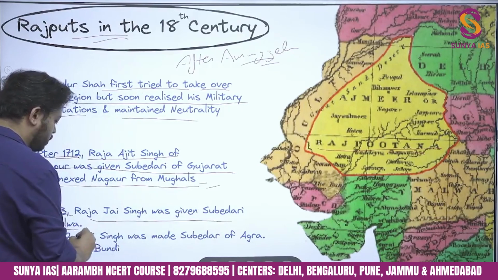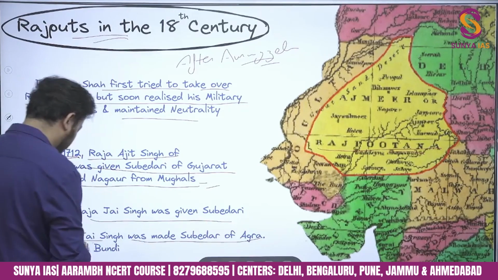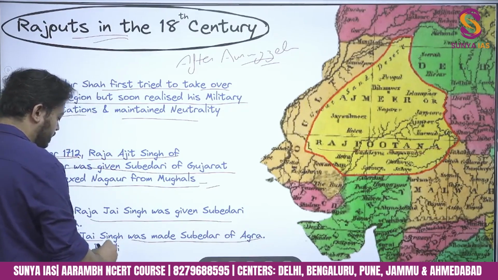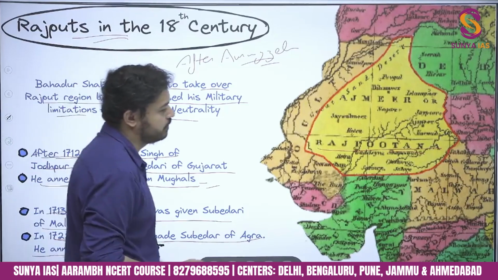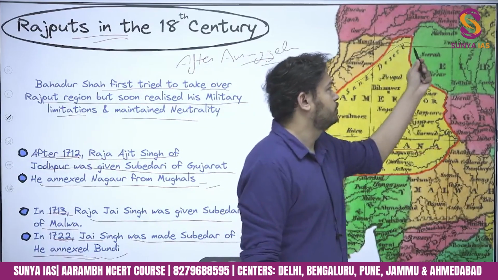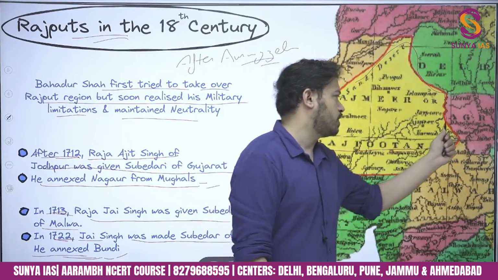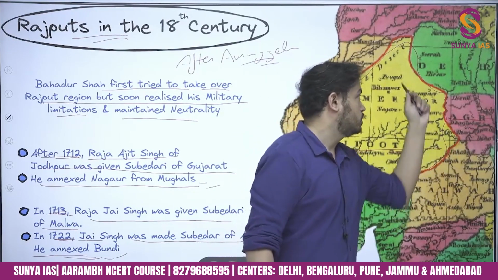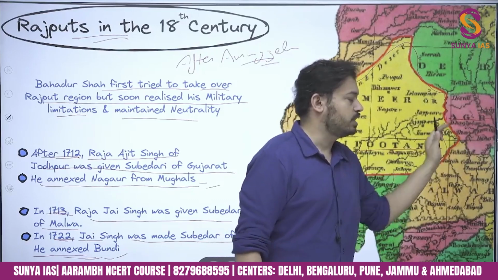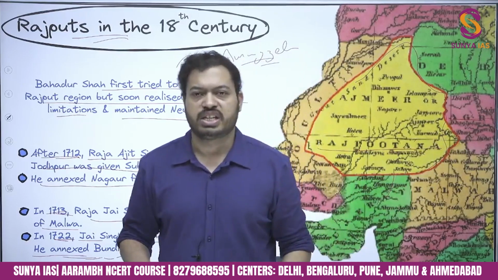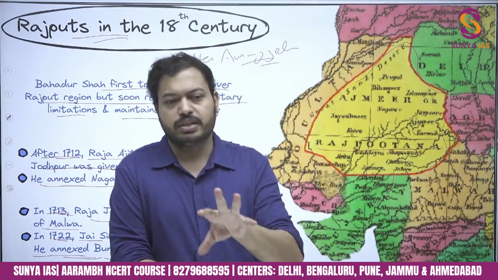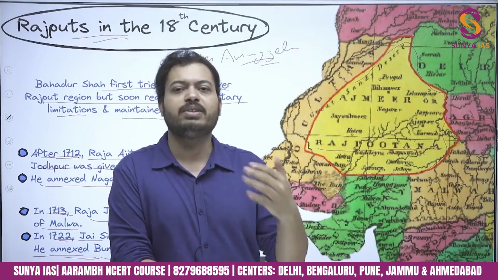In 1722, Jai Singh was made the Subedar of Agra, and he annexed Bundi in the coming times. This is Agra, just next to Rajputana, and therefore the Subedari was also given to Jai Singh. So that is what happened with the Rajputs.